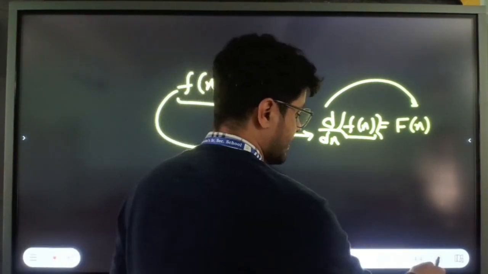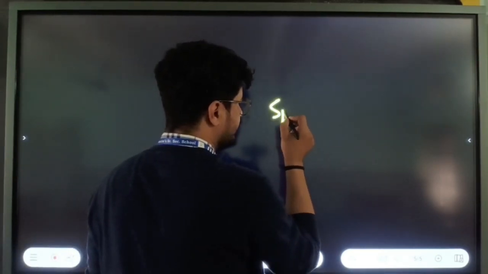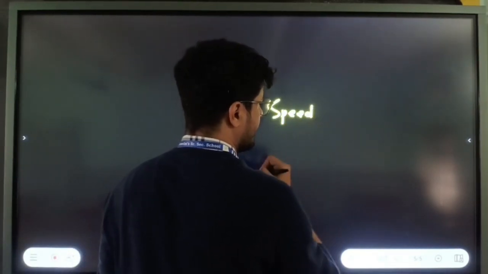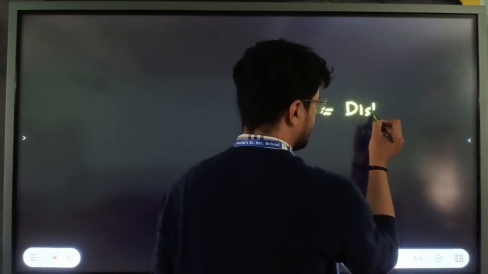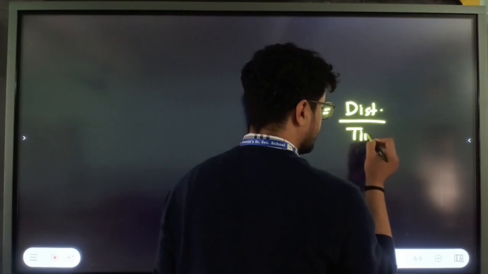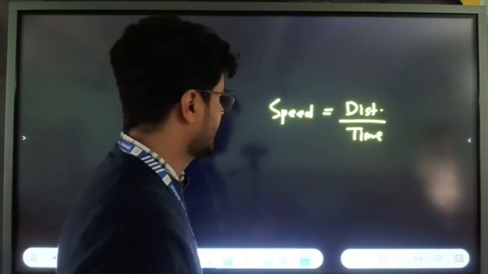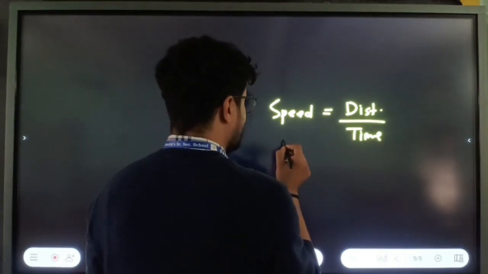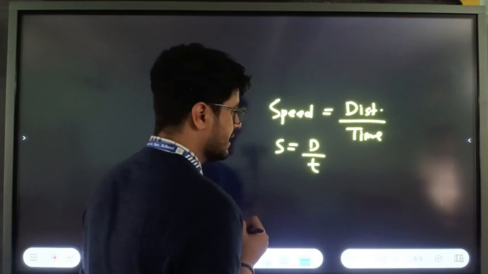Let's take a physical example. You might have heard about speed. We all are familiar with speed. The formula of speed is distance upon time. If we write it in mathematical form, then how will we write it? S is given by d by t.